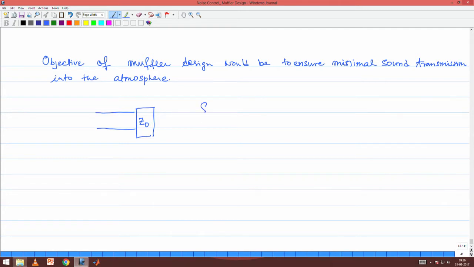So, the question is, what is the sound power that is radiated into the atmosphere. Okay. The sound power that is radiated into the atmosphere W should be calculated based on the intensity calculations.